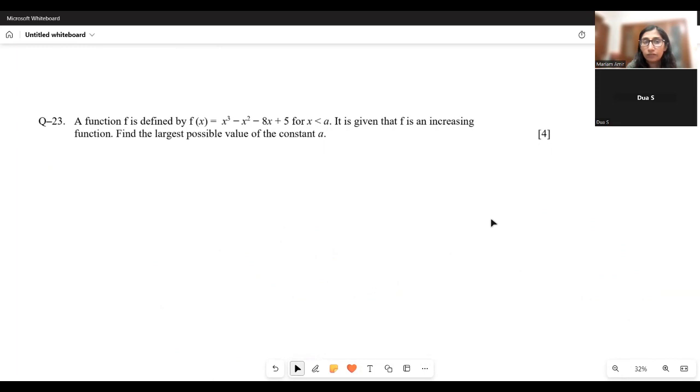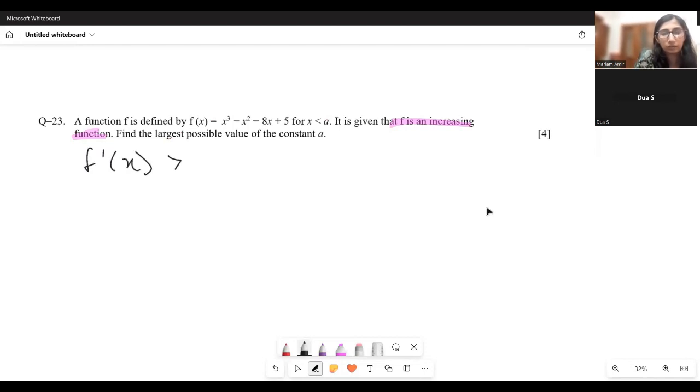It is given that f is an increasing function. Find the largest possible value of the constant a. From last year, we know what an increasing function is: the derivative of an increasing function is greater than 0. Let's find the derivative of f(x). It's going to be 3x squared minus 2x minus 8 greater than 0.